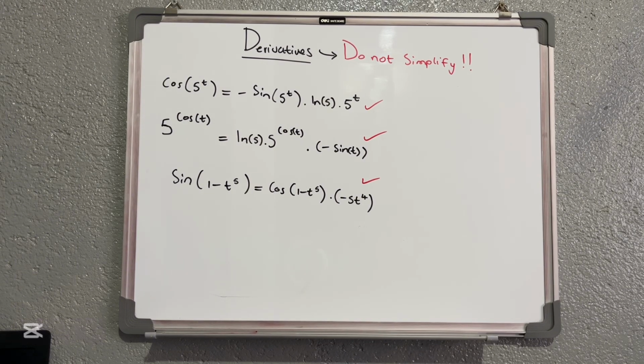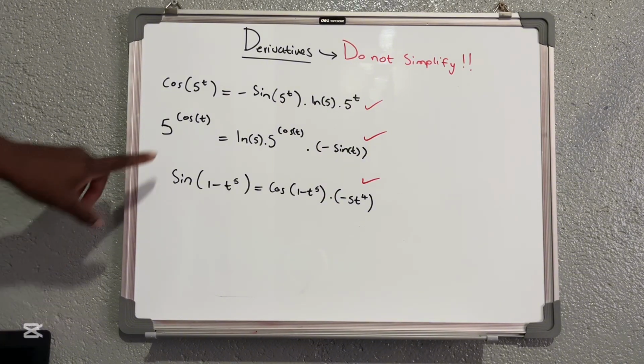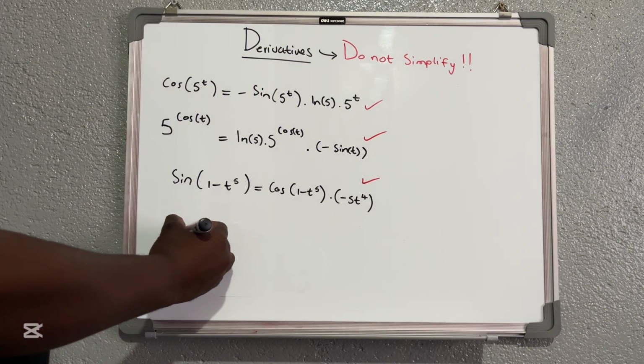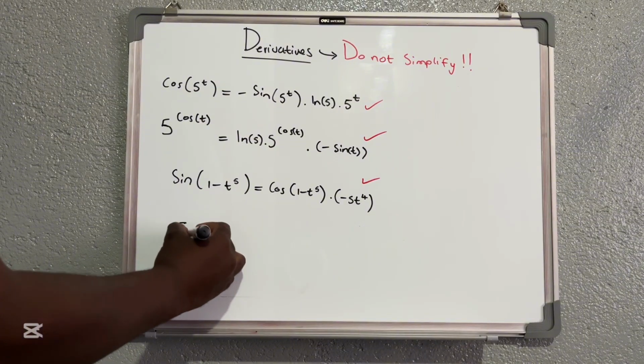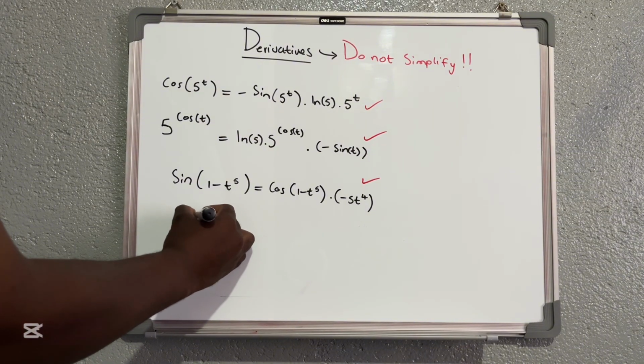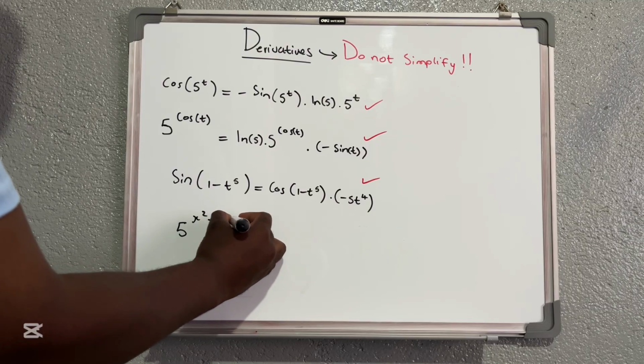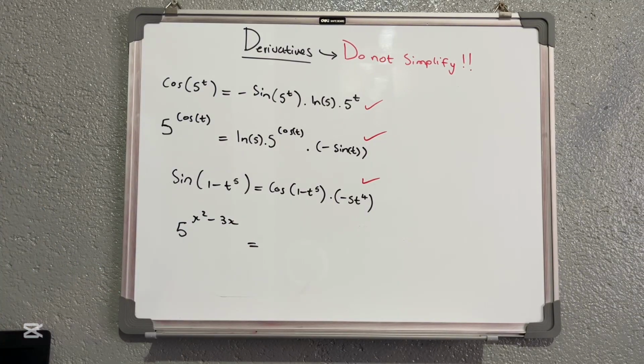So let's just say now we have something. Since I was more focused on this, I can use a similar one. What do we have? Let's say you have 5 to the exponent x squared minus 3x. Then they ask you to find the differentiation for this one.